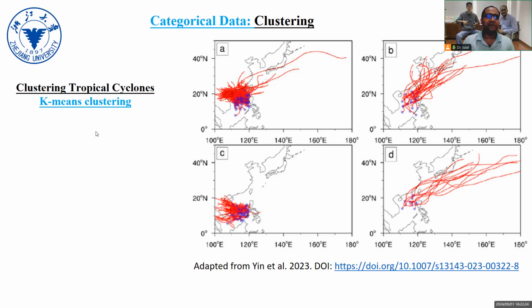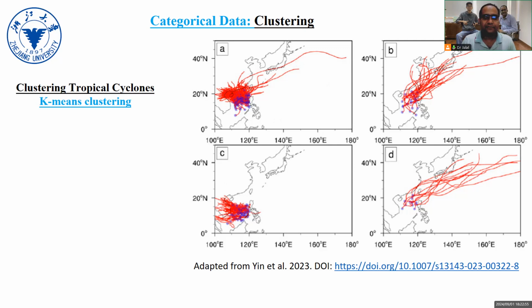Like for tropical cyclones, we have some straight moving cyclones that go straight, and some not straight, that recurve and go eastward. So there are mainly two types: one recurves and goes eastward, and another goes westward. This is straight moving. So there are a lot of cyclones.